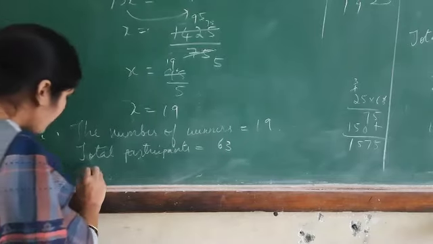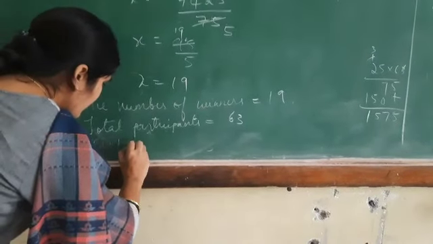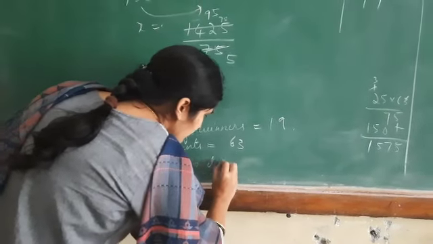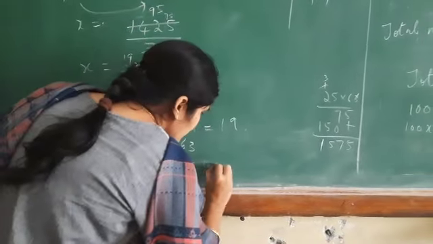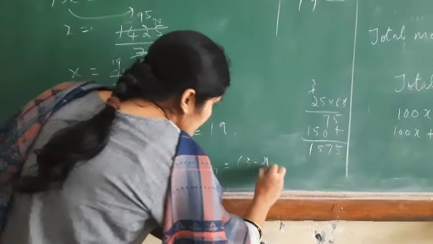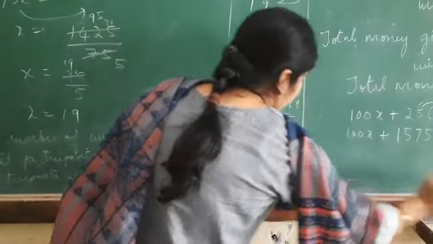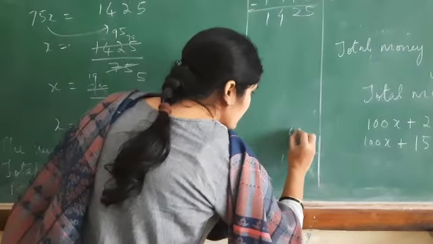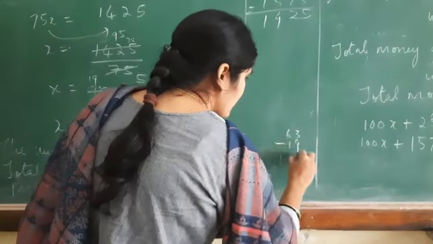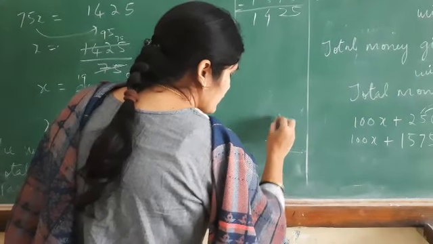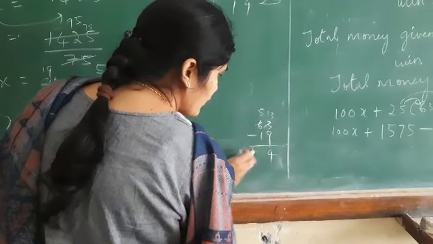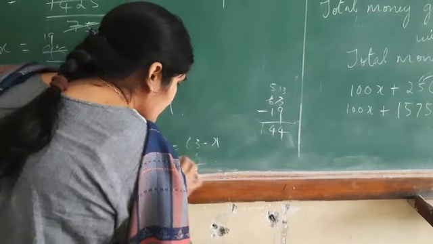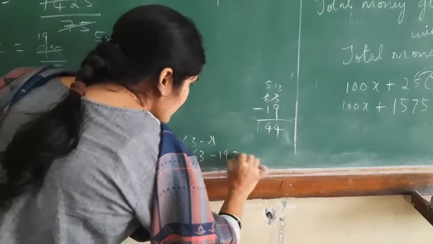Then participants who didn't win is equal to 63 minus x, that is 63 minus 19. 13 minus 9 is 4, 5 minus 1 is 4, so 63 minus 19 is 44.